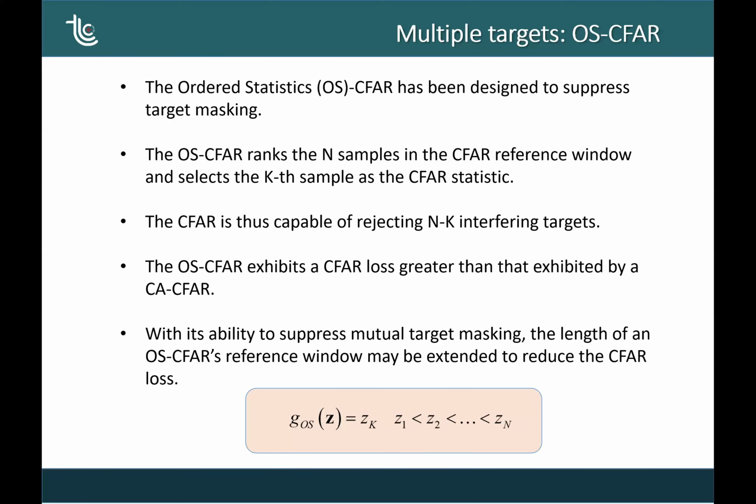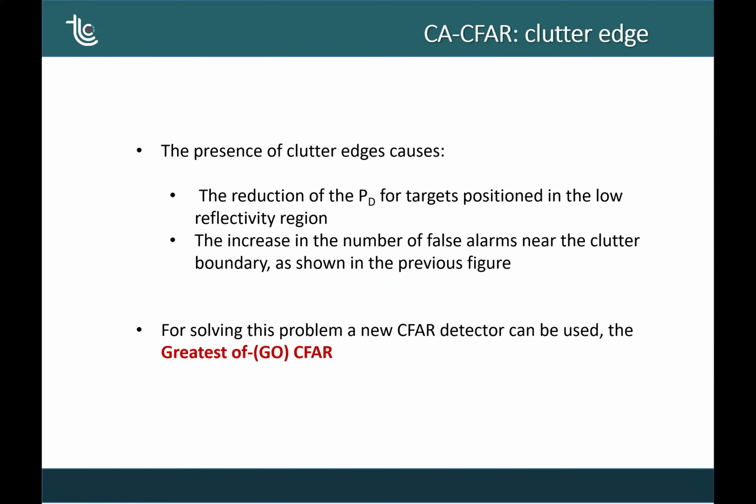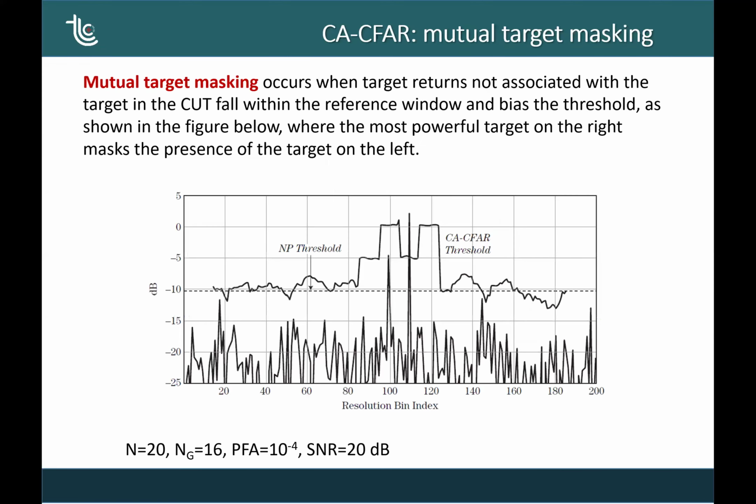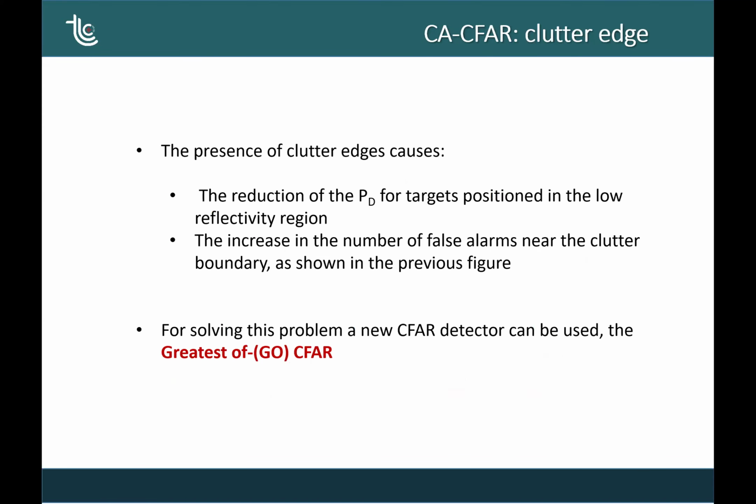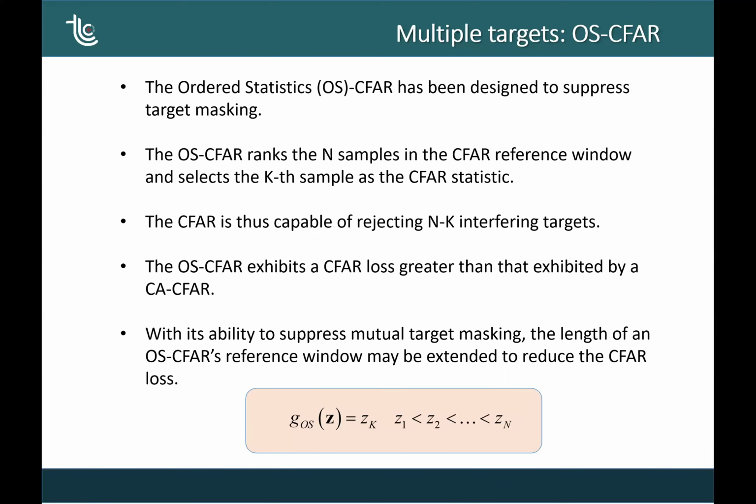Now, what happens when we have multiple targets? So the case that we have seen here, the mutual target masking. We have seen that the CA CFAR fails in detecting the weaker target. So which detector can we use in this case? In this case, the detector that can be used is the ordered statistic CFAR.